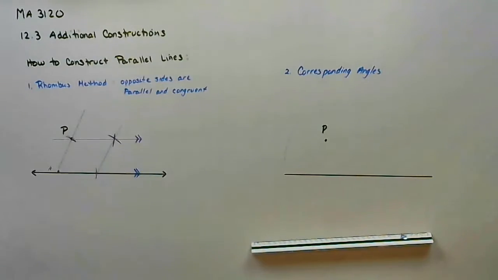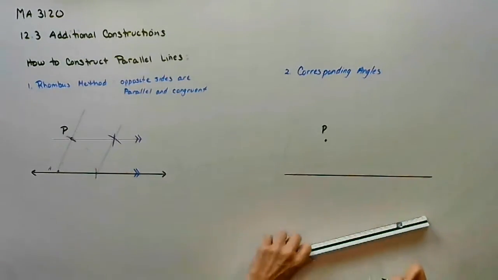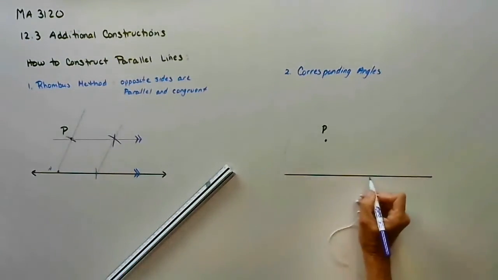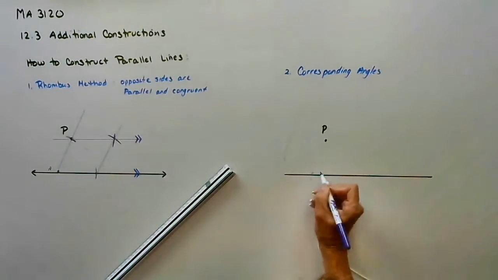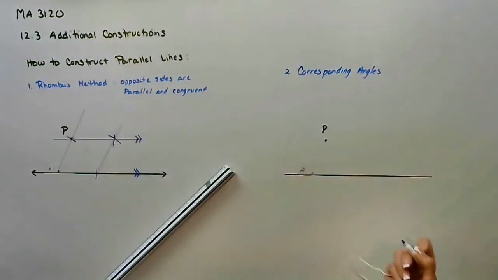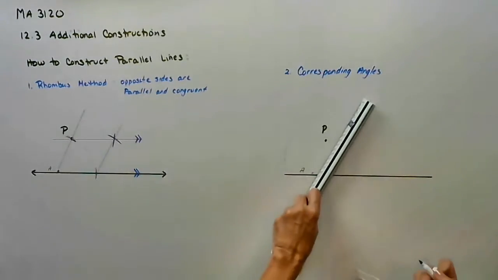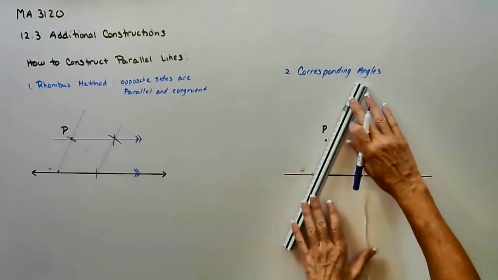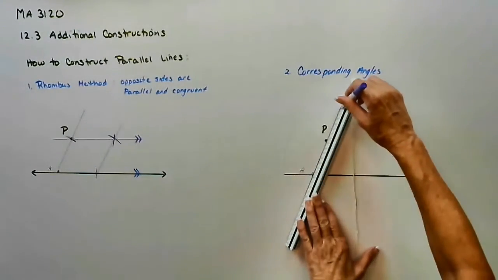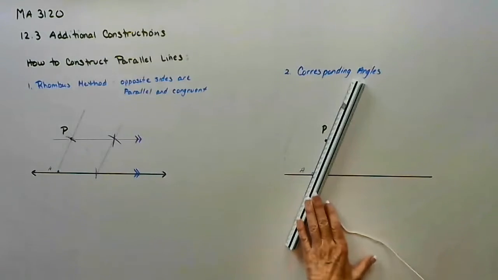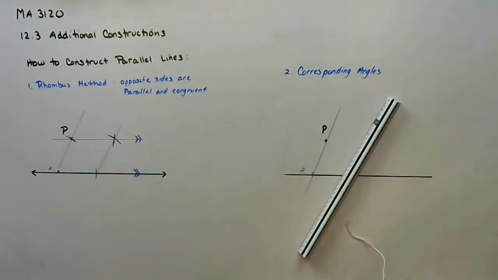So I'm going to pick some point along our line, and I'm going to call this point, for our purposes, A. And the first thing I'm going to do is create what will ultimately become the transversal. It will be the line that passes through the other 2 lines.